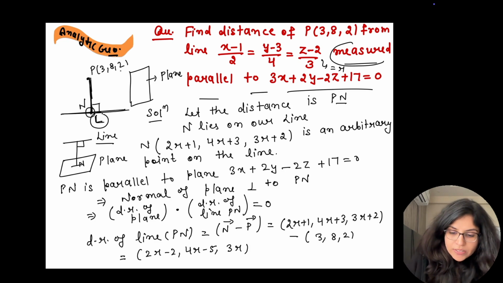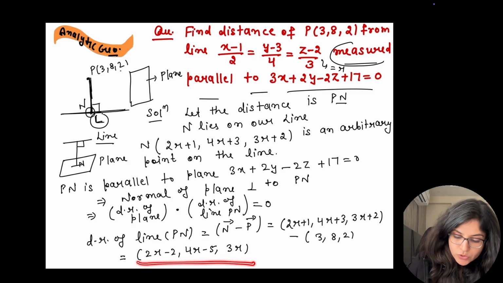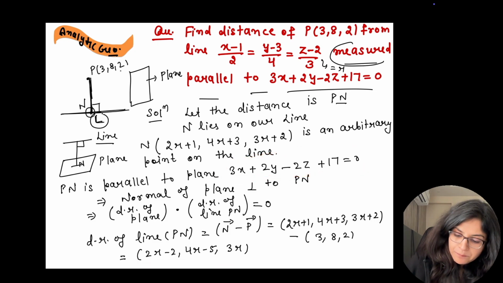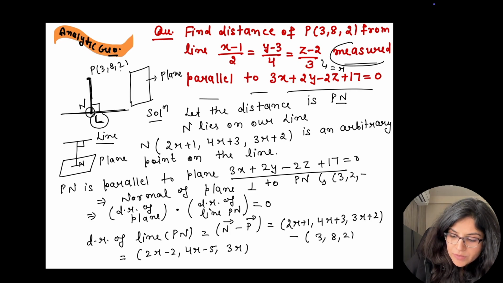Now we will take its dot product with the direction ratios of the plane. What are the direction ratios of this plane? 3 comma 2 comma minus 2 are the direction ratios of the normal to the plane.